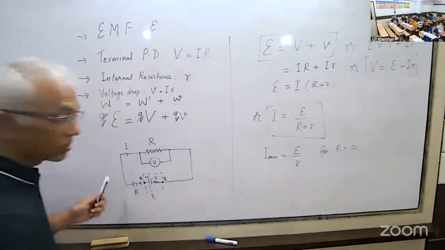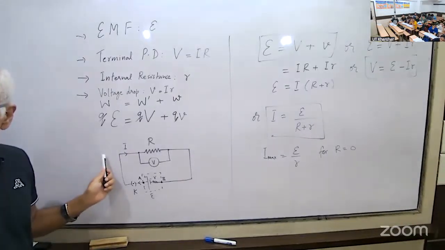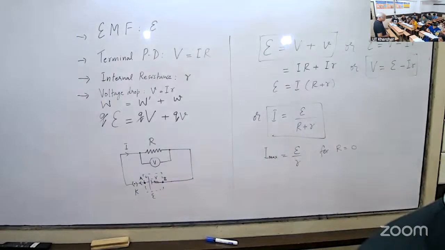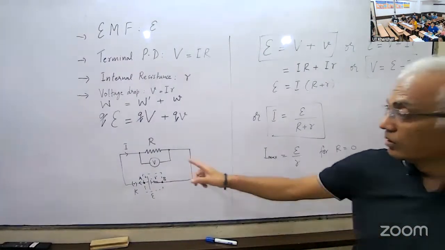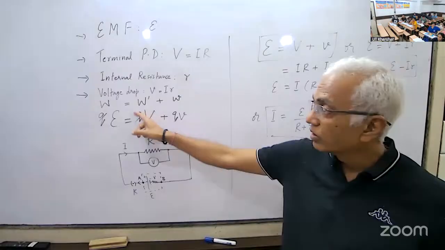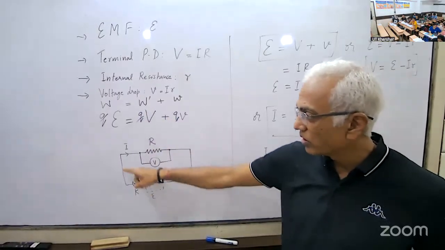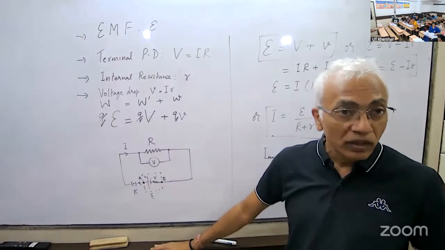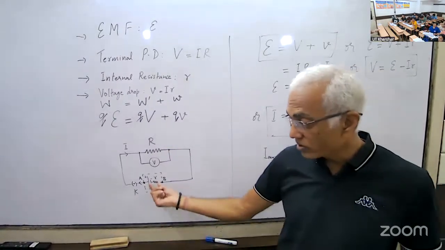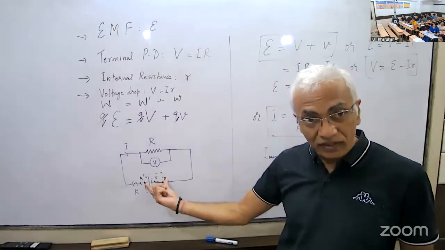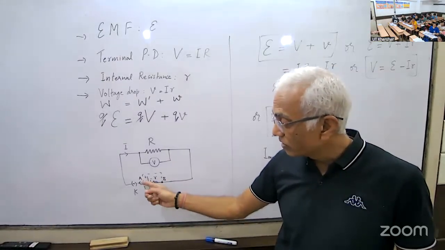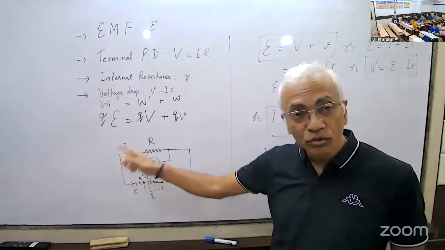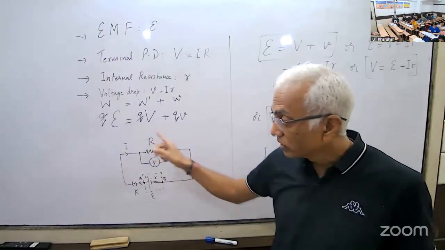Okay, let us discuss. Terminal potential difference is the work done in moving a unit positive charge in the external circuit. Alternatively, it is defined as the potential difference between the terminals of the cell. Ultimately, terminal potential difference is VAB, when the cell is in use, when the current is moving.